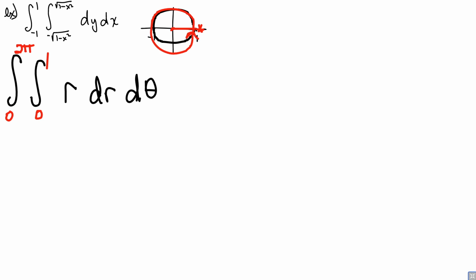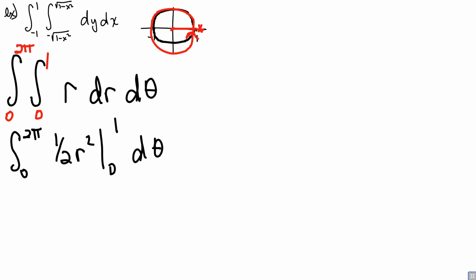So this is what our equation will look like in polar form. Now, if I evaluate this, I'm basically going to have the integral from 0 to 2 pi of 1/2 r squared evaluated from 0 to 1 d theta. Now at 0, don't have to worry about it.